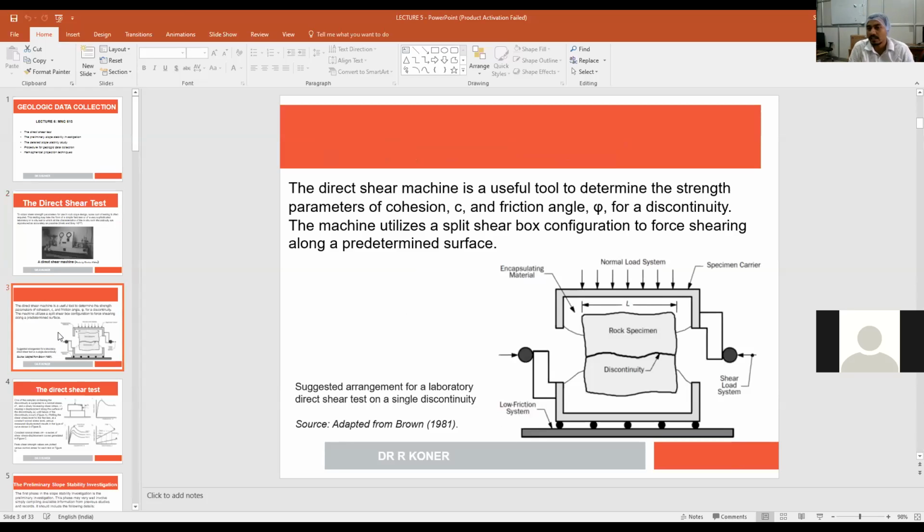So this is basically a schematic diagram of this method. There are two setups. On the top setup, we apply the normal load vertically downward, perpendicularly. On the lower platen, both boxes have the sample.